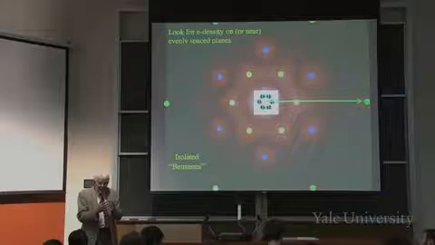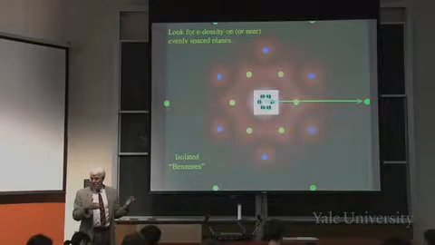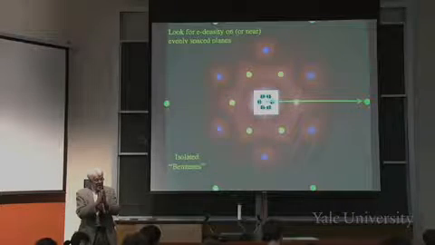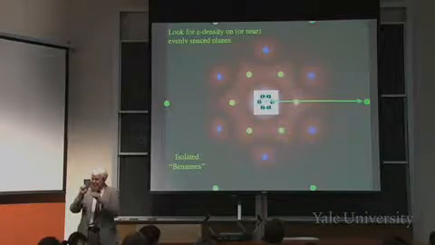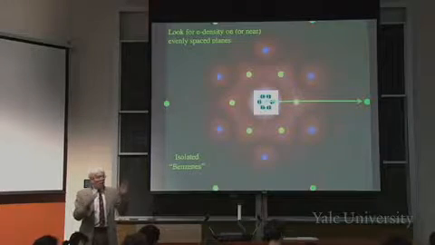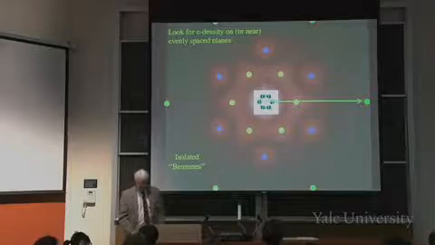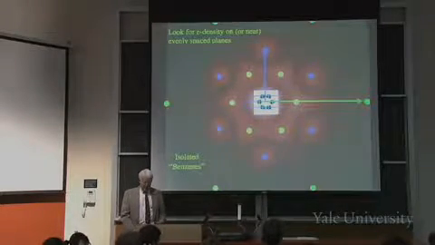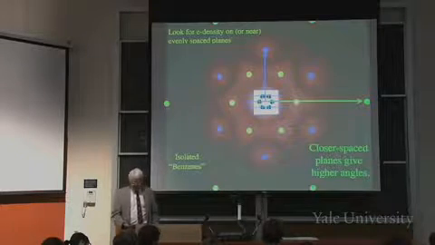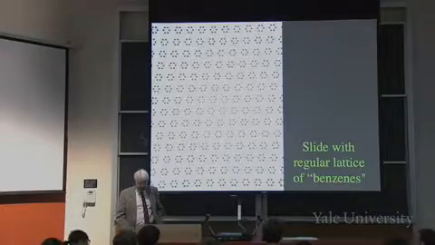So most of the electron density is all in phase here, but some of it is out of phase. And as you get the lines closer and closer together, the fact that the electron distribution is finite and not tiny points means that things will get weaker and weaker as you go to higher angles. Okay, so there again we notice here that the closer spaced planes give higher angles. This is what we've just been talking about.